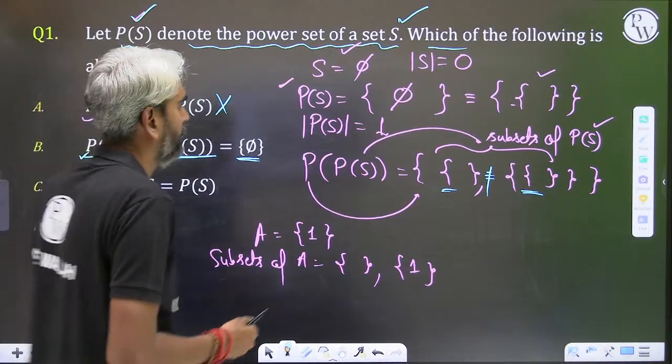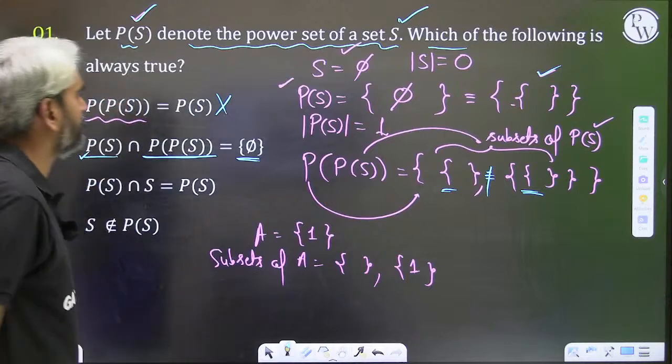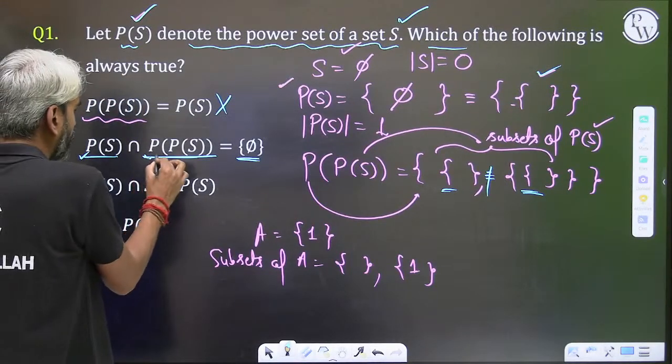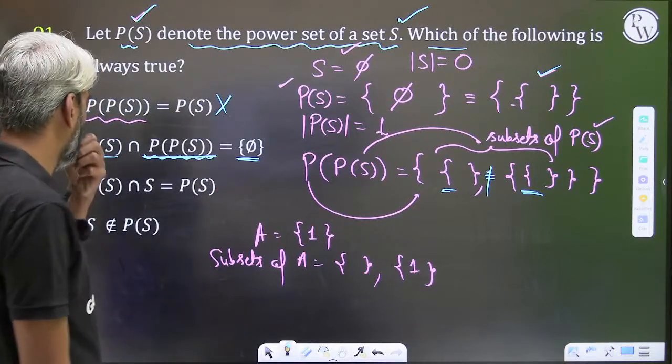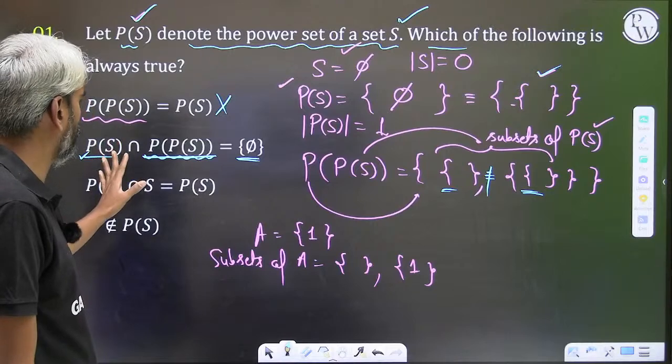Power set of S will be this, a set containing element phi, and power set of S will be this. So phi will be an element of power set of S, absolutely fine.